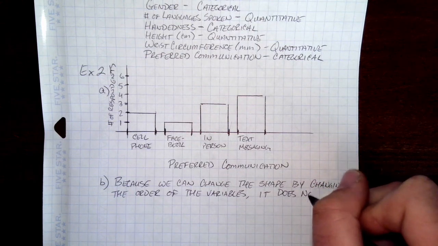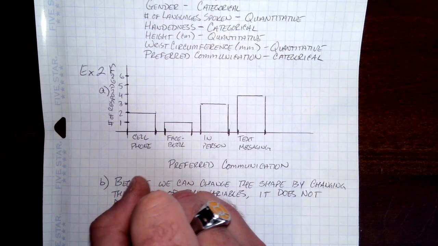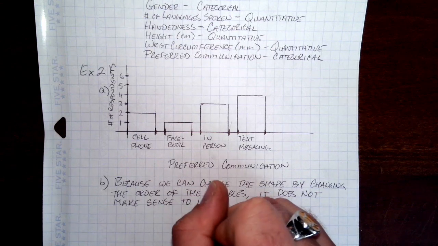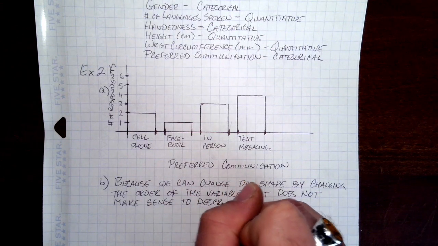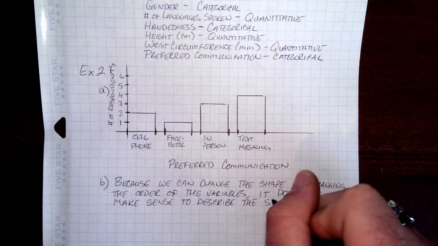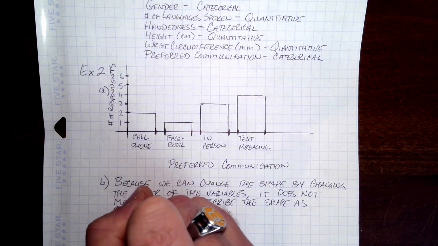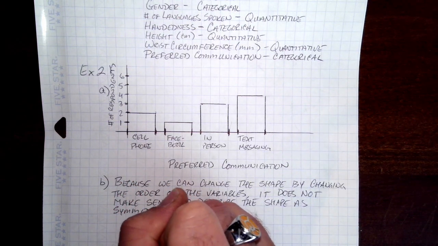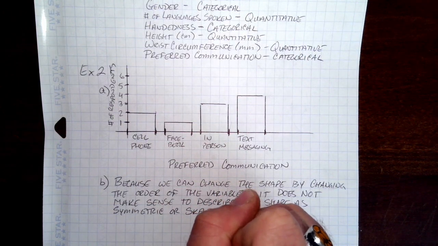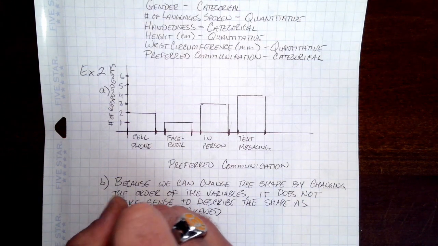Again, it does not make sense to describe this as symmetric or skewed. And so, what's going to be our best measure of central tendency?